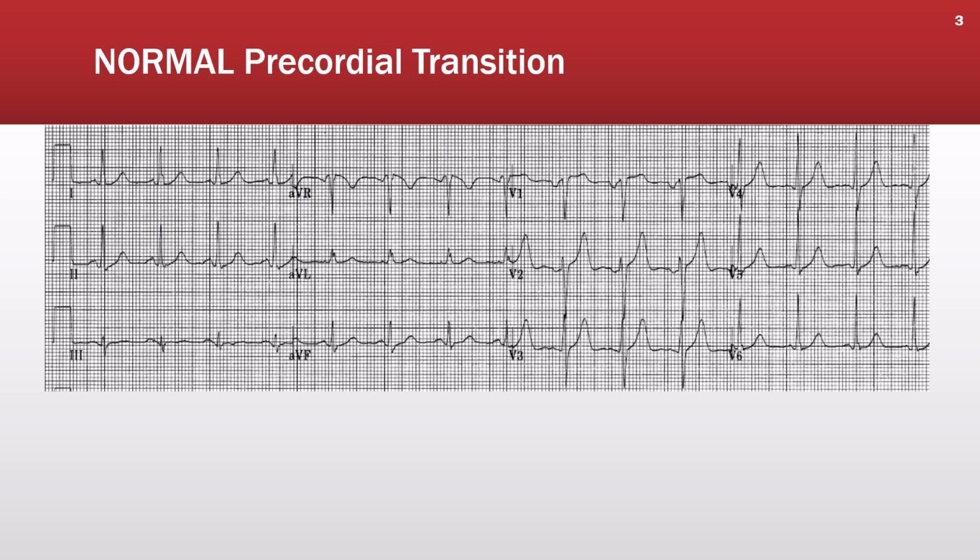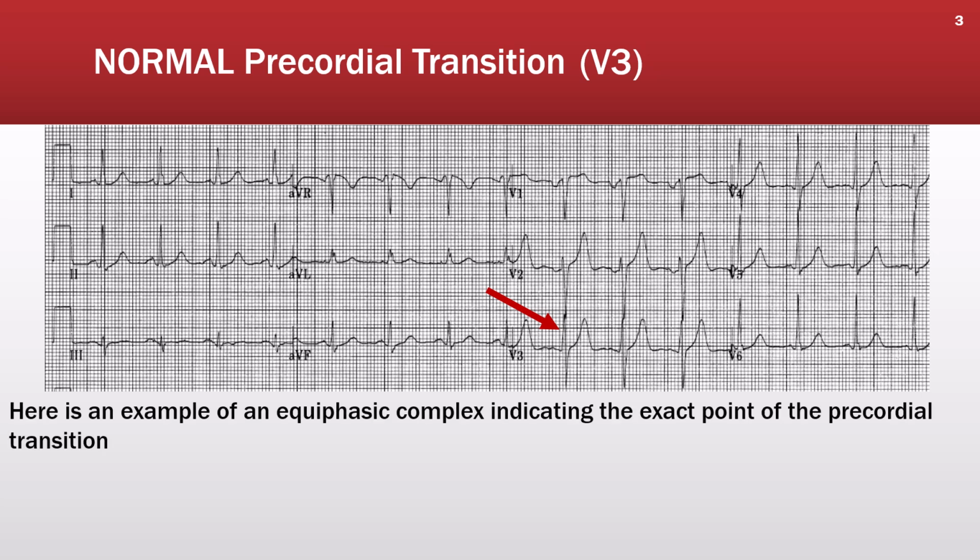Here is another ECG with a normal precordial transition, and this time the precordial transition occurs at lead V3. Now, what's interesting here is that lead V3 is an example of an equiphasic complex. Now, this indicates the exact point of the precordial transition.